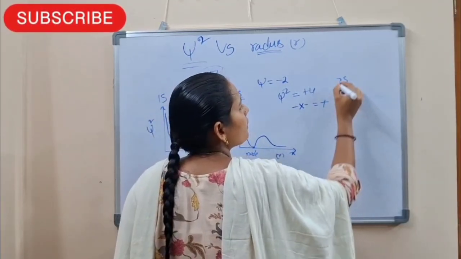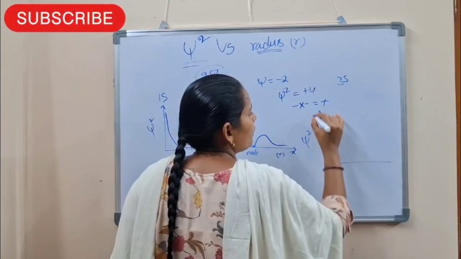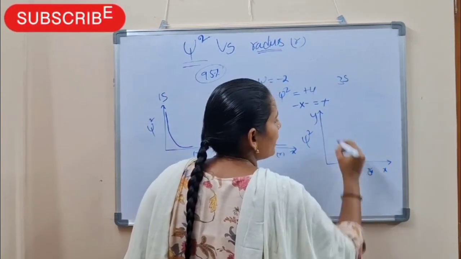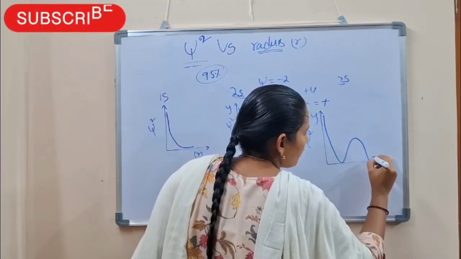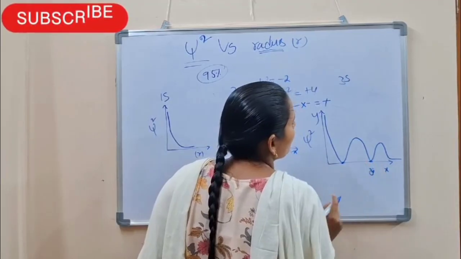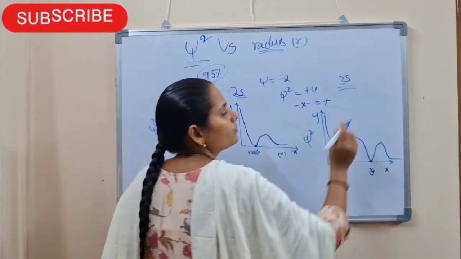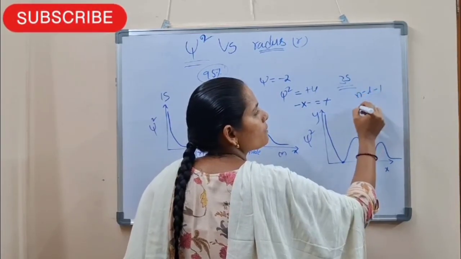Coming to 3s, the graph will be like this. On the y-axis is psi square, on the x-axis the radius. This is one node and this is another node, because in 3s we see two radial nodes. Let's check: n minus l minus 1.